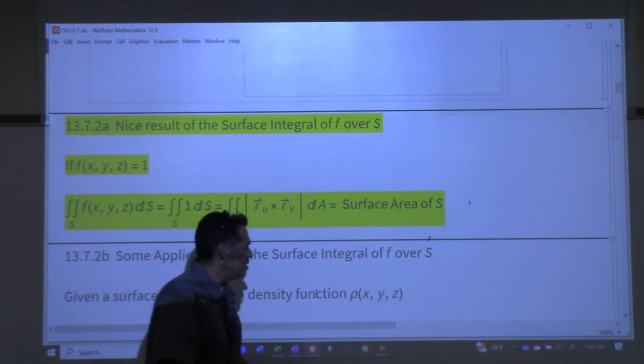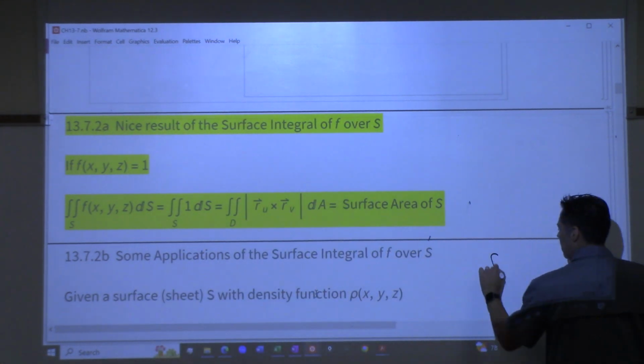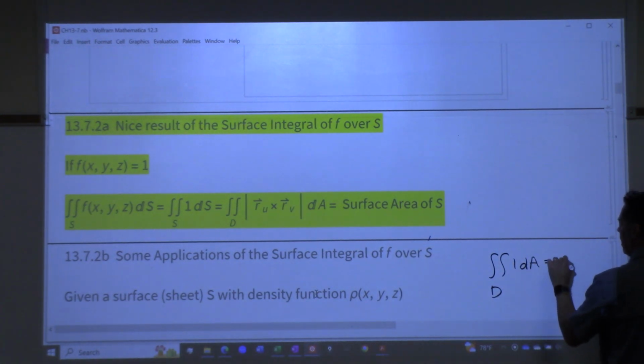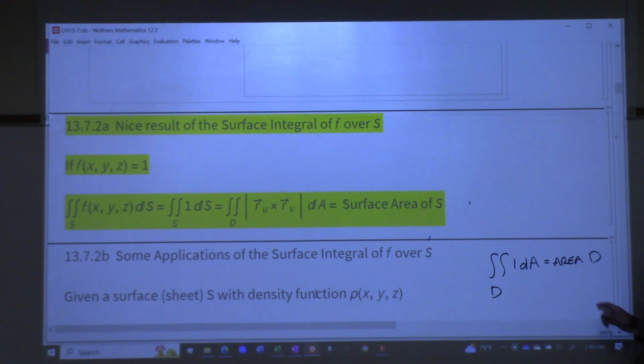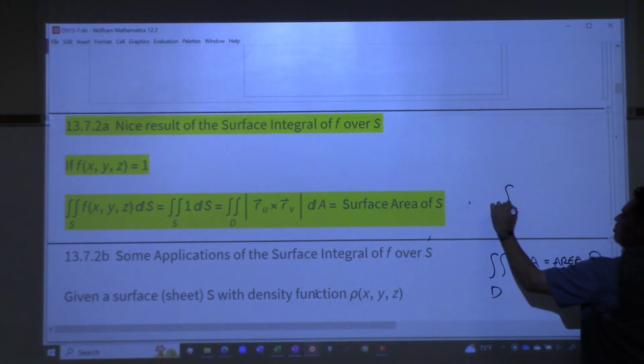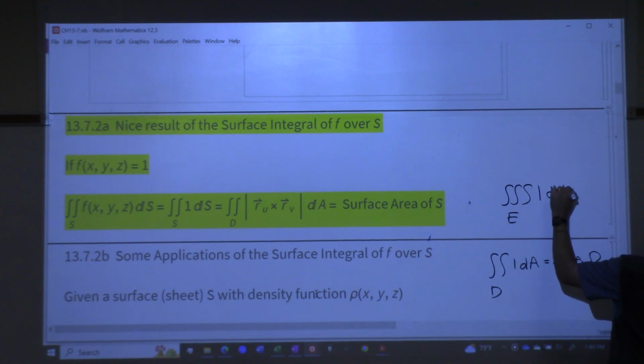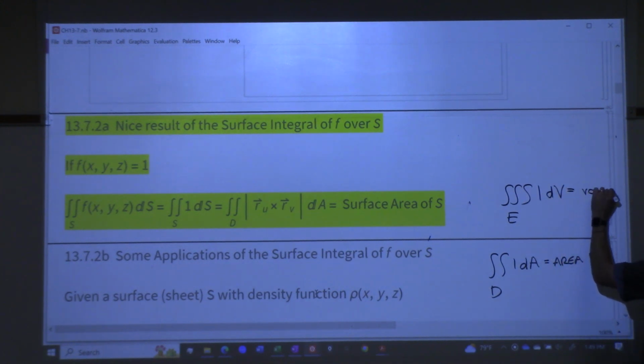We've seen this property before. If we did a double integral over D of 1 dA, that was the area of D. We know if we do a triple integral over some solid E of 1 dV, that's the volume of E. So there's a theme here.